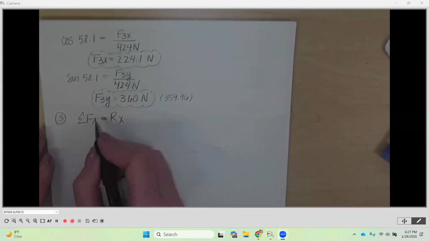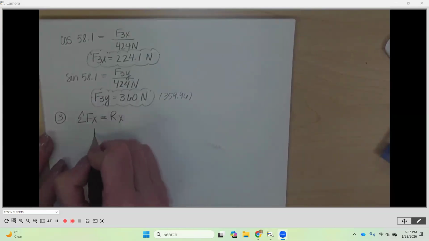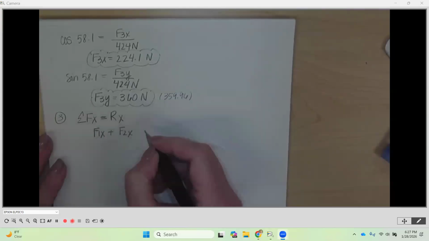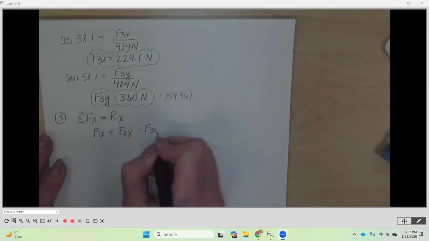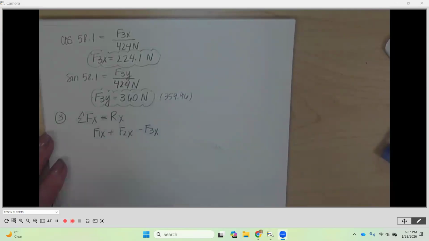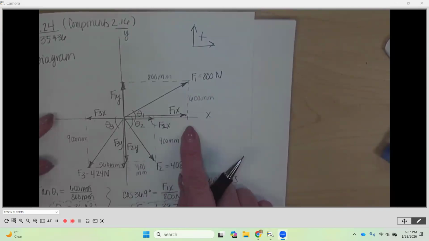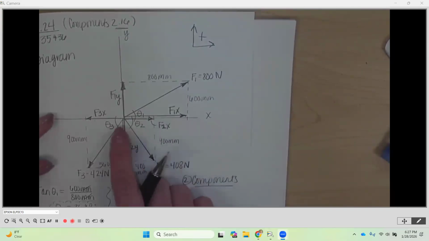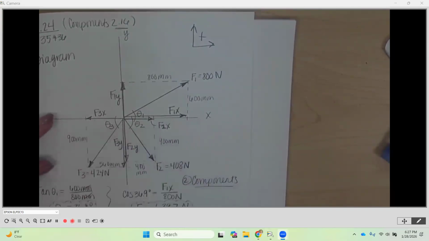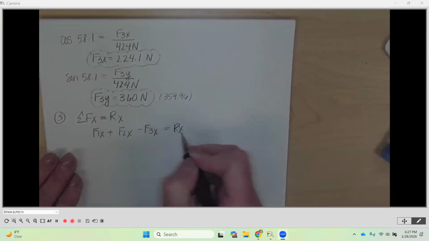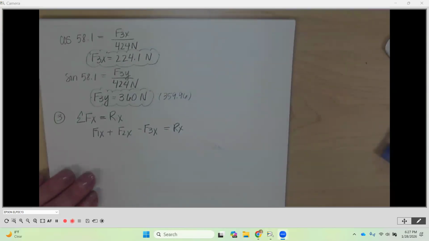So on the left-hand side, we're going to say F1X plus F2X minus F3X. Again, the positives are because F1X and F2X are pointing to the right, and negative F3X because it's pointing to the left. And we're going to set that equal to the resultant X component.